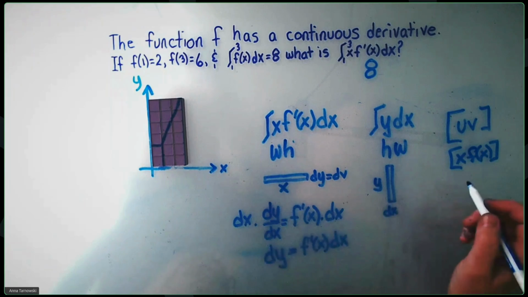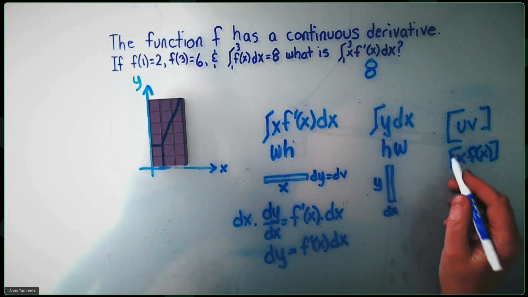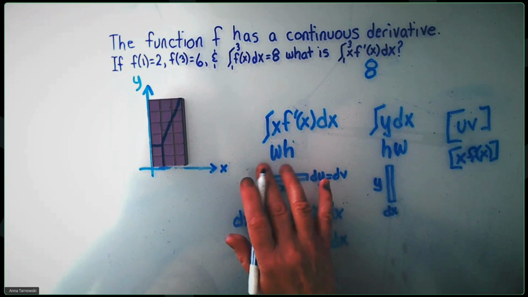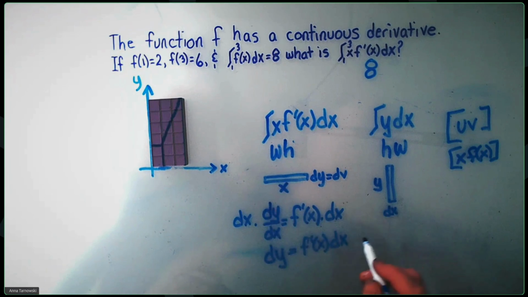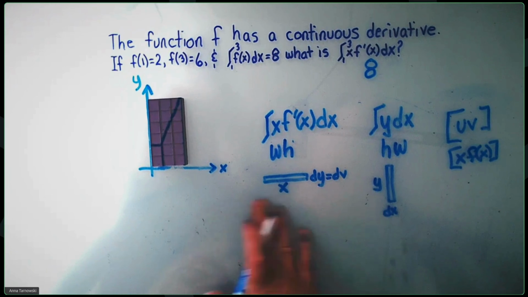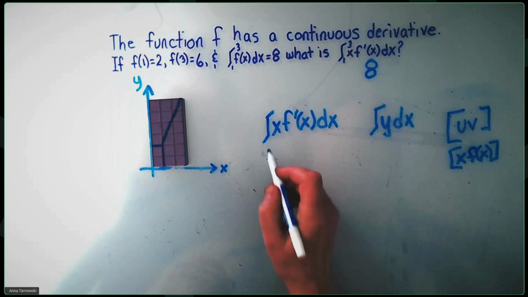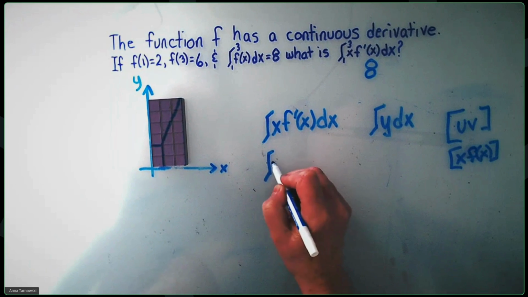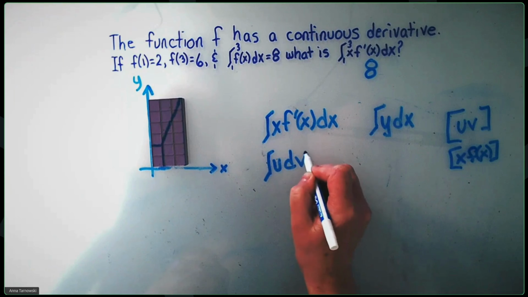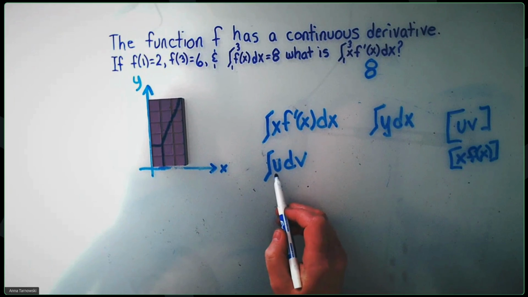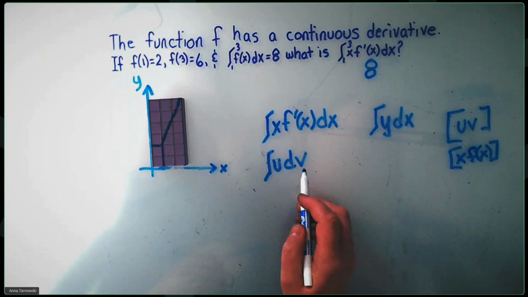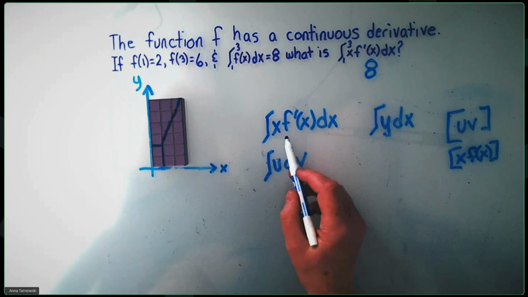So really what you can change this to, I'm just going to erase these here, could really be the integral of u dv, which is just x by a little bit of y, because this was the same as dv.